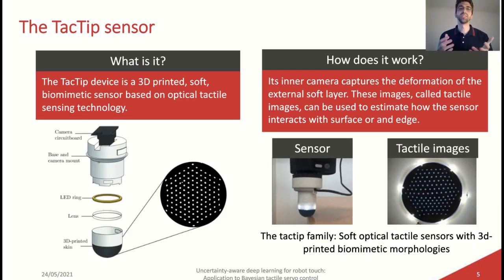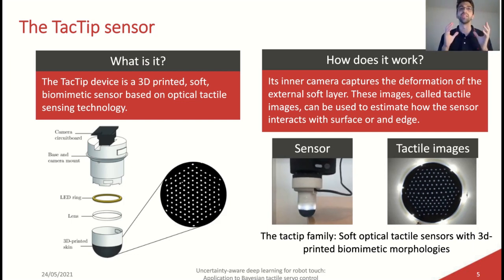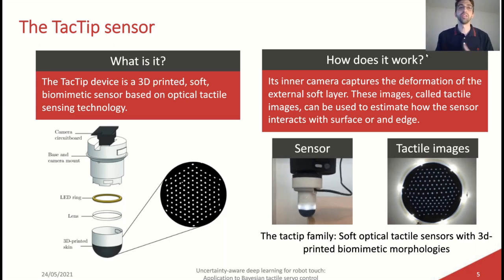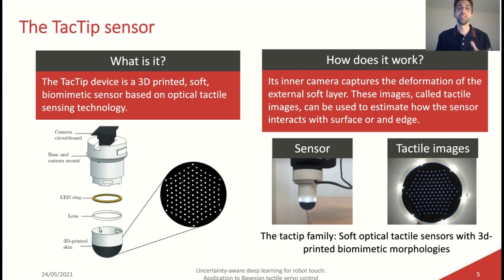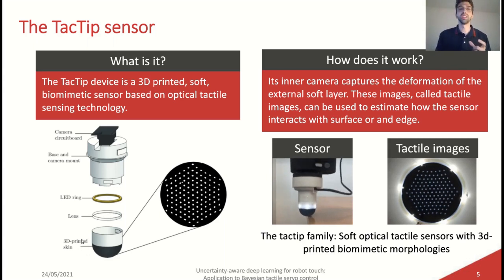Okay, so what's the tactile sensor? This is a 3D printed sensor based on optical tactile sensing technology. This sensor uses a deformable layer in which, if you pay attention to the inside, you will see that it has several pins, so that when you apply pressure to the sensor, as you can see here in the image, all the pins are deformed.